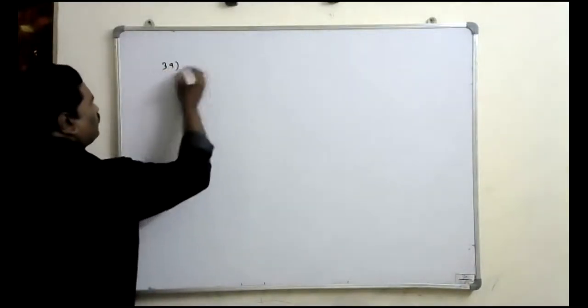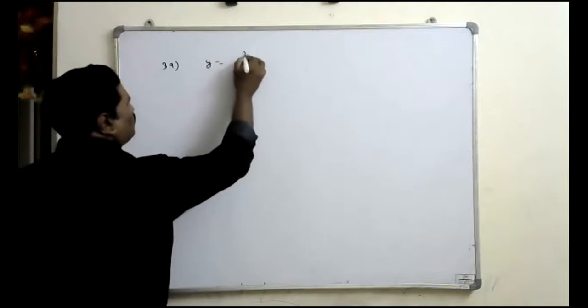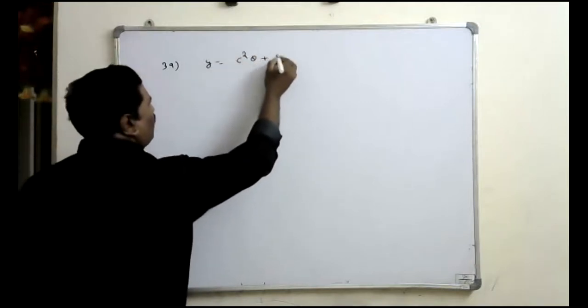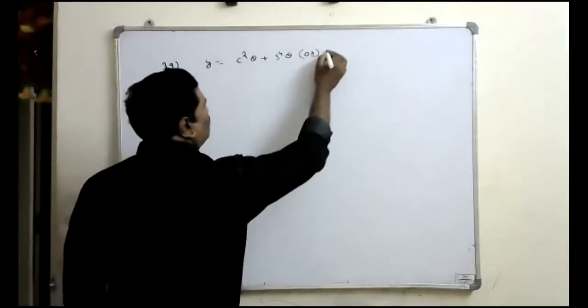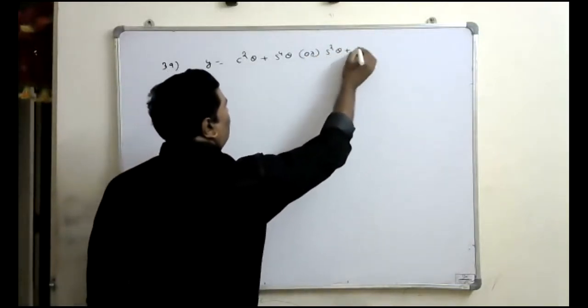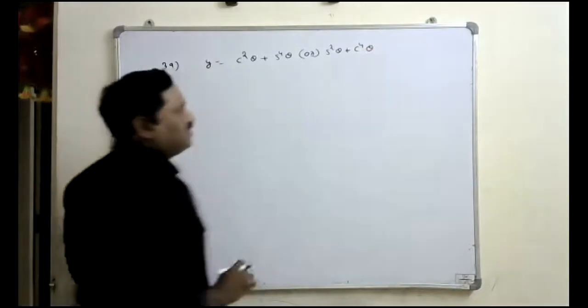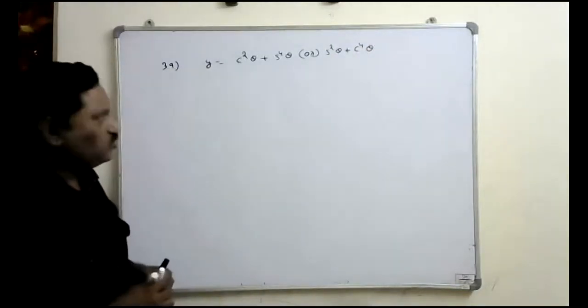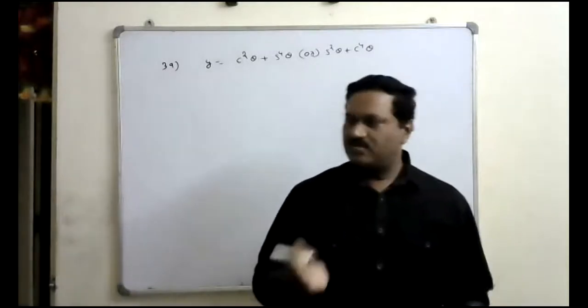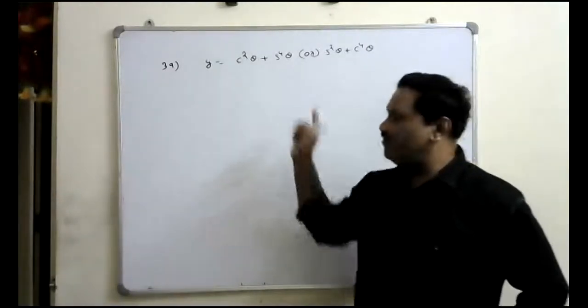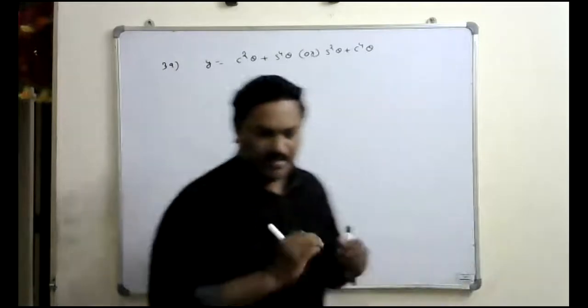Here, y is equal to cos square theta plus sine power 4 theta, or sine square theta plus cos power 4 theta. Because it is a standard problem, we may not understand the derivation now, because we have to use the third topic formulas for solving this. So that's why here, remember this.